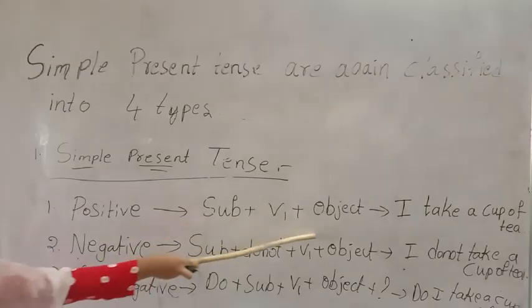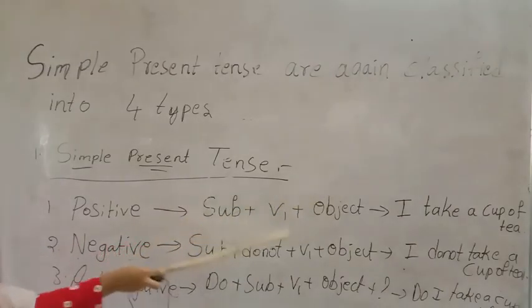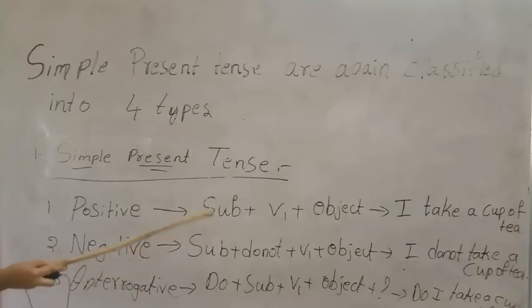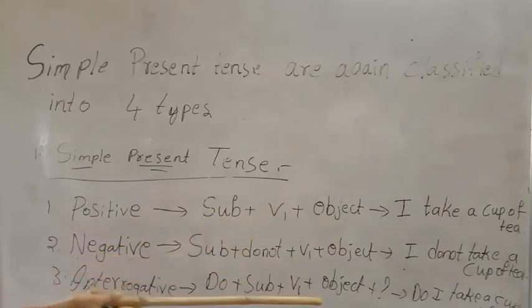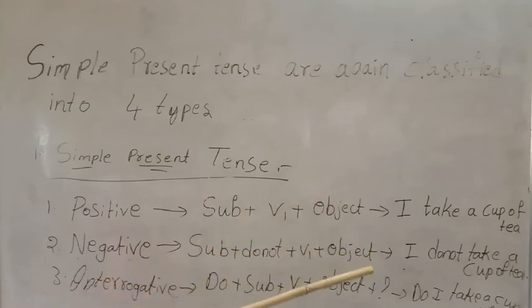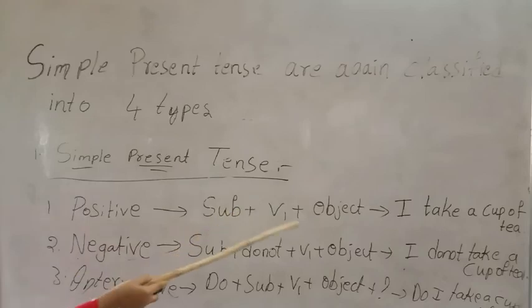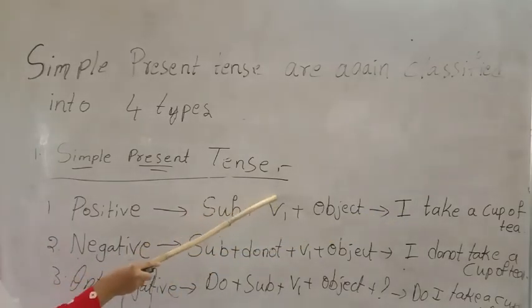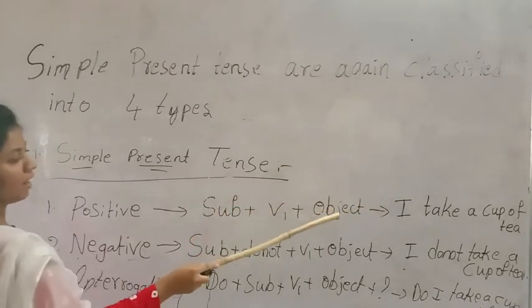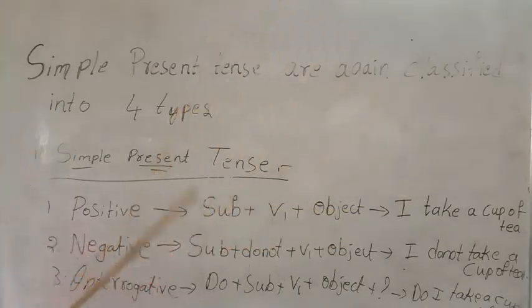This is the basic formula we must be aware of: subject plus V1 plus object. Beside that I have written an example: I take a cup of tea. So I represents the subject, take is verb form 1, and a cup of tea is the object. By these three we can frame a sentence.